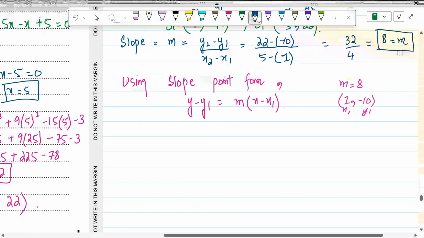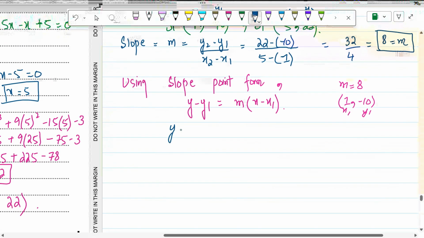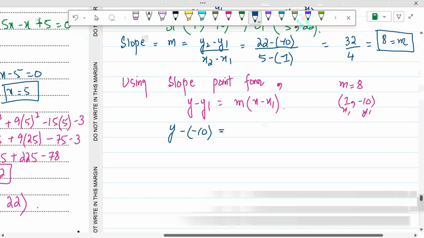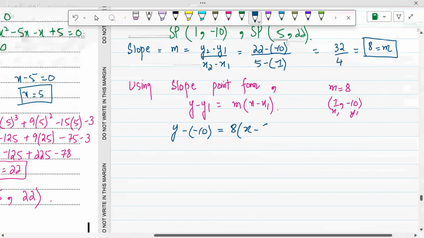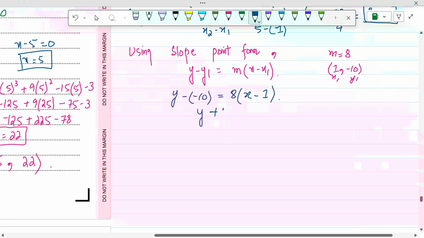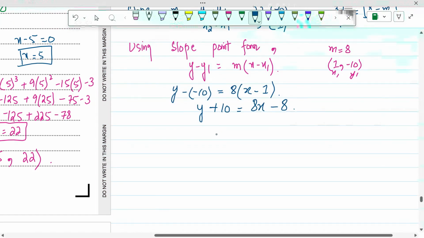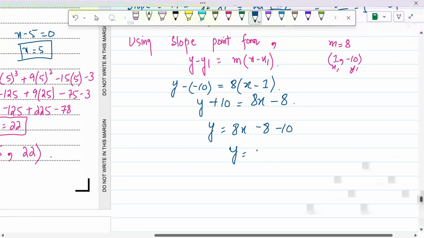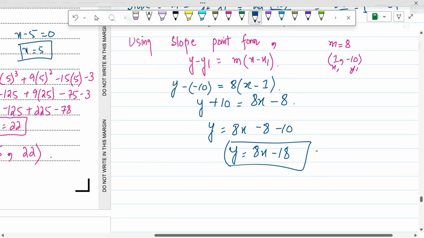Plugging in the values of x1 and y1, we will have y minus negative 10 equal to m times x minus 1. So we will have y plus 10 is equal to 8x minus 8, or y is equal to 8x minus 8 minus 10, and y is equal to 8x minus 18. This is the equation of the line.